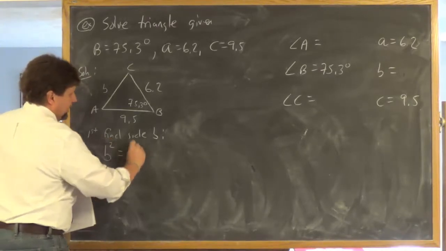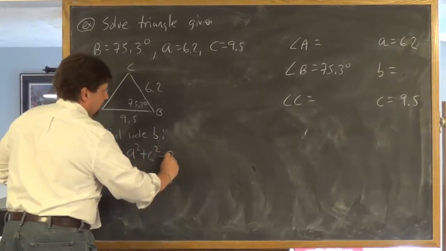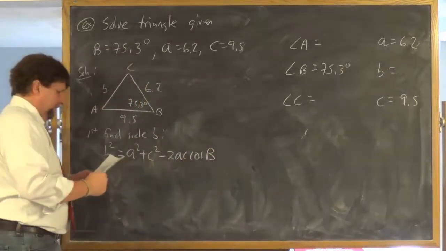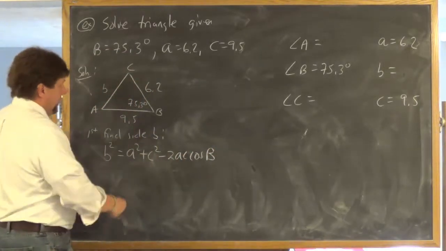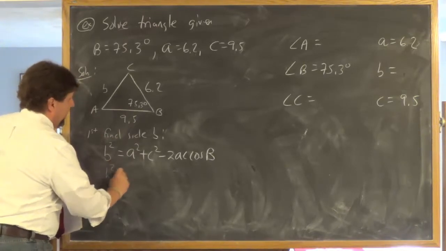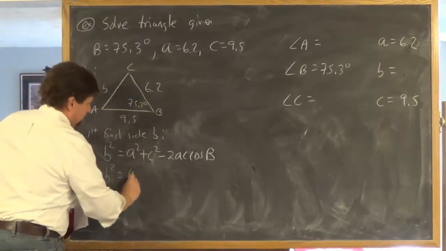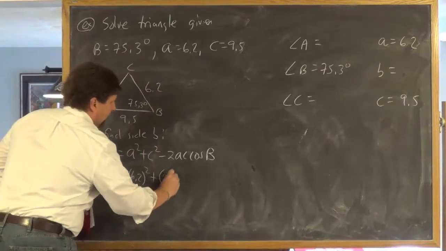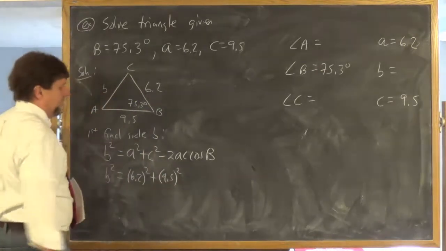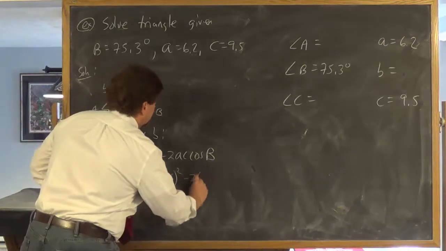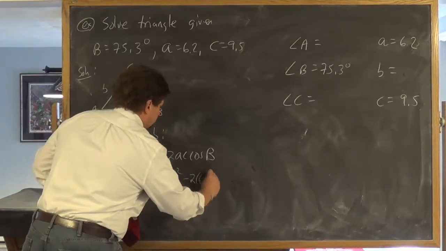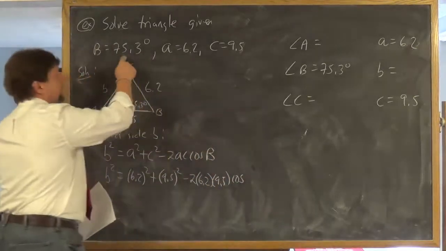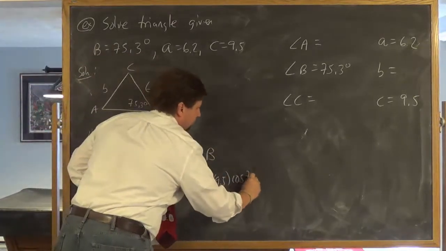B squared equals A squared plus C squared minus 2AC cosine of B. Substitute in what we know. We know A is 6.2, so we have 6.2 squared. C is 9.5, so 9.5 squared. Minus 2 times 6.2 times 9.5 times the cosine of 75.3 degrees.